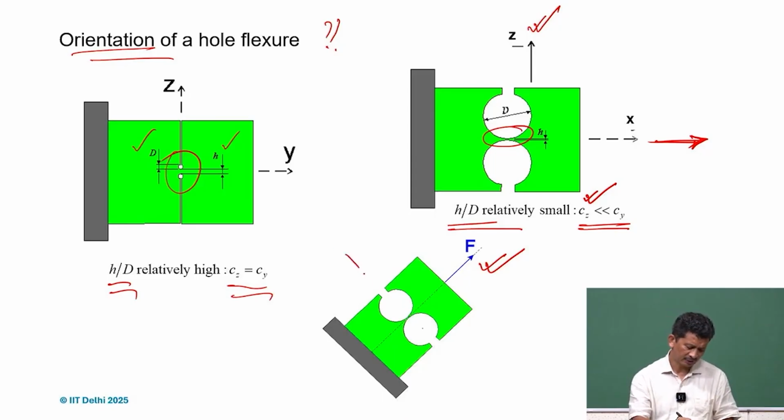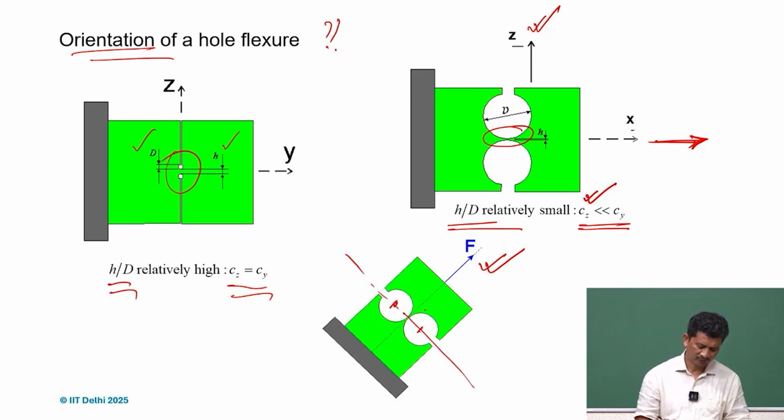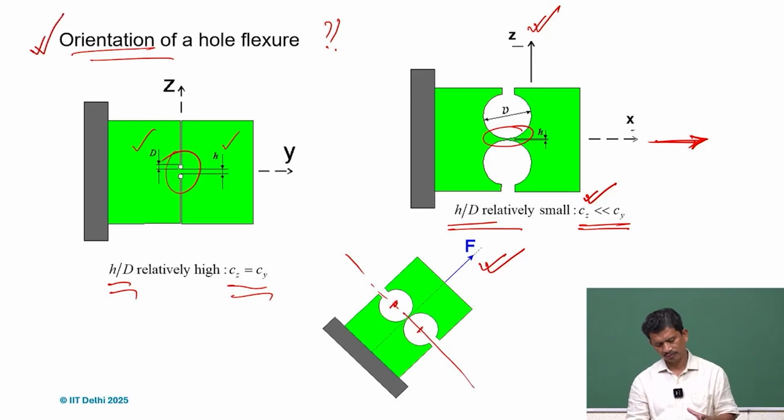Aligning the hinge means the location of the hole will be in the perpendicular direction to that force F. That's what we mean by the orientation. So if we know this is my dominant force, then the direction of the holes will be in the perpendicular plane.